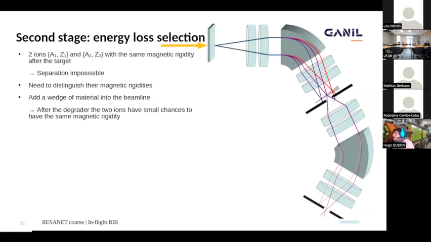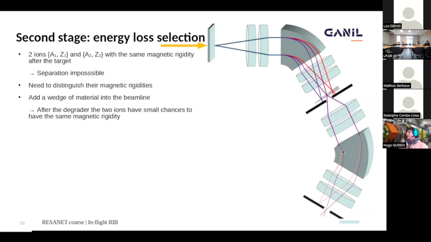You make the first selection here with these slits. You can open or close them as you want, depending on the purity or the intensity of the beam you want. This beam with the same range of Bρ will enter the second stage with this second magnet.